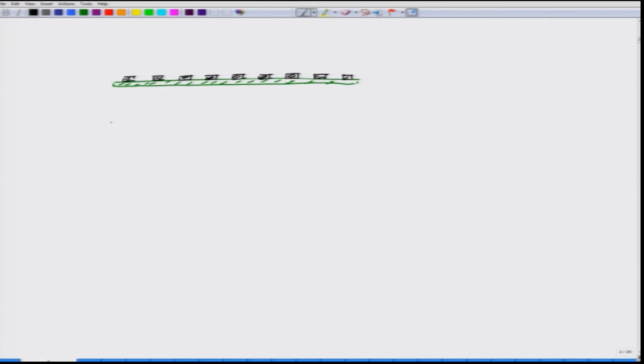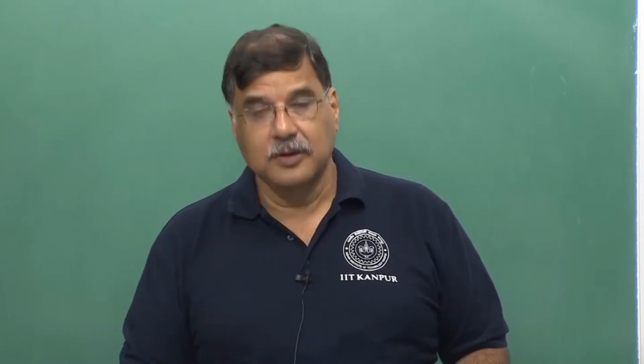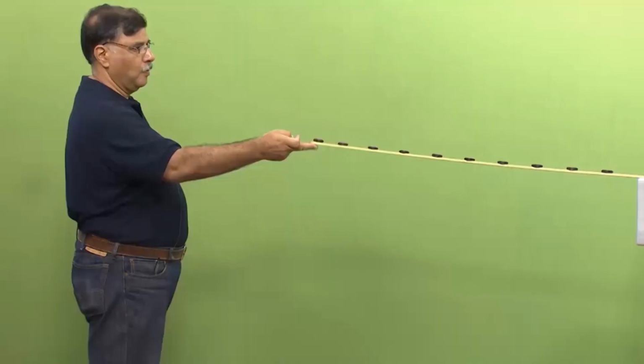What you would have noticed is that as the rod is coming down, rotating, the coins are also falling down. What exactly is the position of these coins with respect to the rod, you will see more clearly by running the whole demonstration in slow motion, which I will run now.